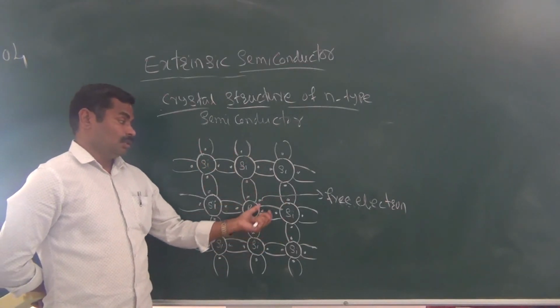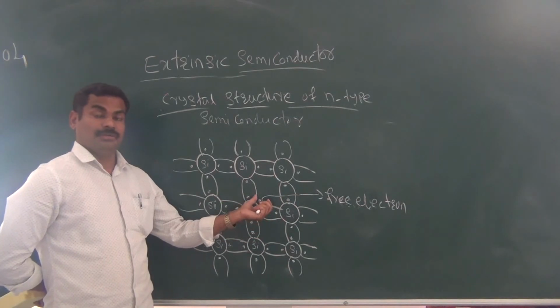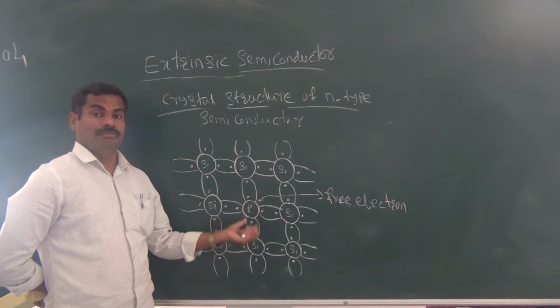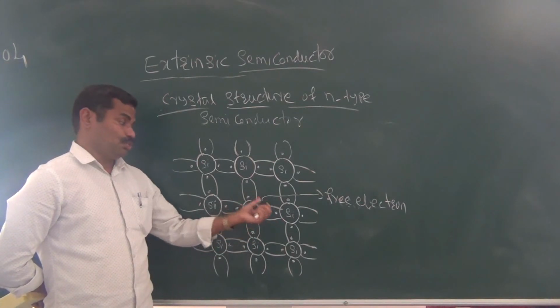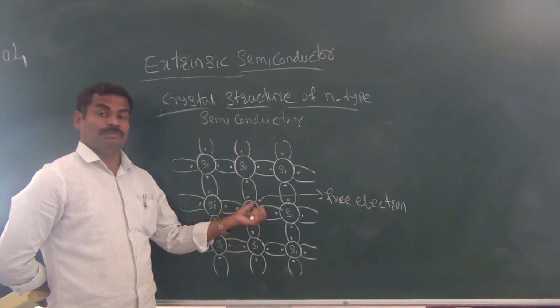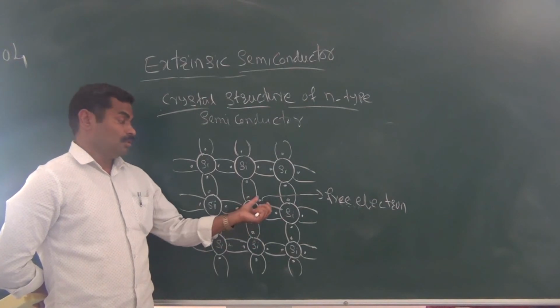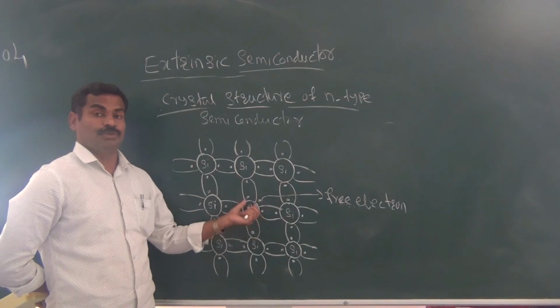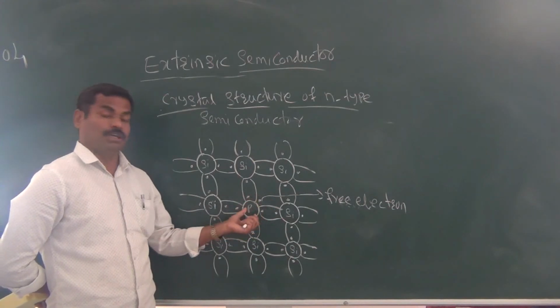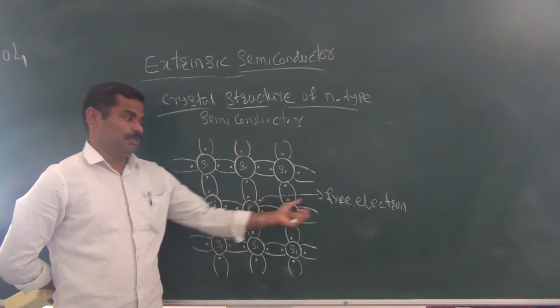But here, this electron comes out without creating a hole, and it is not breaking a covalent bond. It is totally free from the covalent bond and from the nucleus. That's why this electron is the free electron.